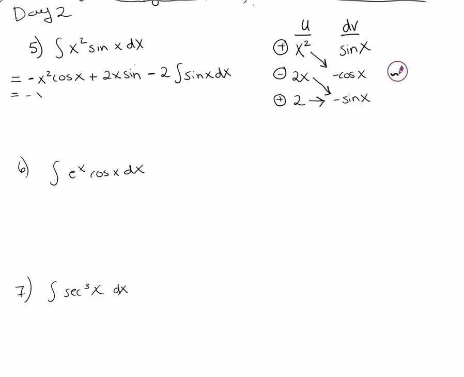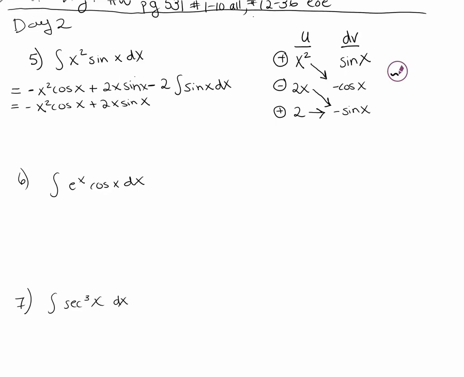So it's going to equal negative x squared cosine x plus 2x sine x, and then the integral of sine x is actually negative cosine x, so it's going to change this to plus 2 cosine x plus c.